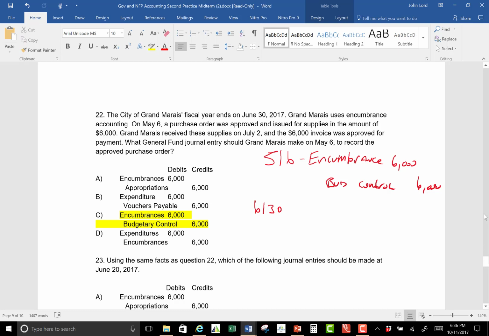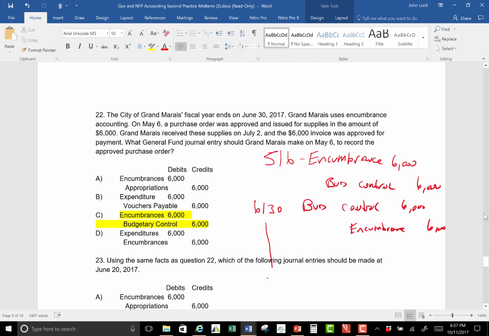Close the encumbrance entry? So you want me to debit the bud control for 6,000 and credit the encumbrance for 6,000 to close it? Like that? Okay, anything else? Say it again. This is still on 6/30, isn't it?